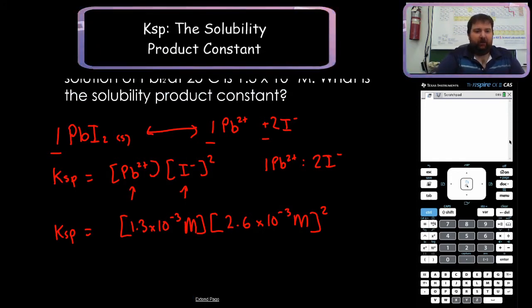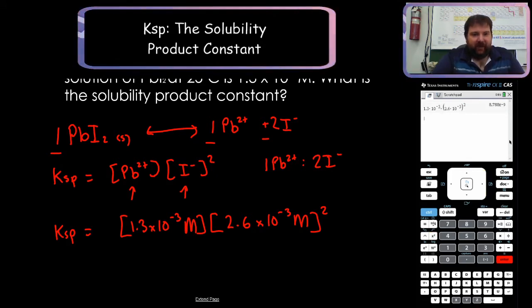So we take out our old trusted calculator here, and you type in 1.3 times 10 to the negative 3, and you're going to multiply that by 2.6 times 10 to the negative 3, but that is going to be squared.